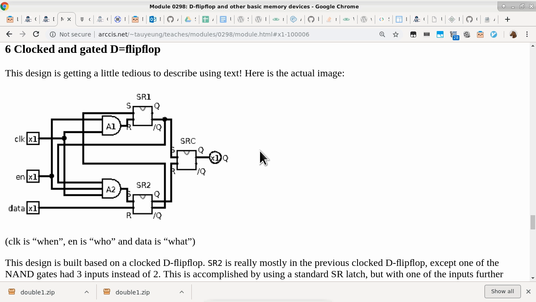And to me, it seems like enable and clock input work the same, inverted? They're the same? Yeah. So basically, I tried to play with the enable button. I changed data from 1 to 0, from 0 to 1. And when my clock is on, and then I turn enable back to 0, and then 1, then Q changes.